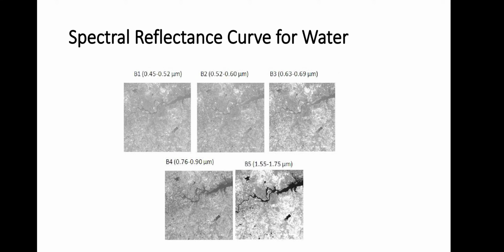Thus, the electromagnetic radiation gets reflected, transmitted or absorbed in water. The spectral responses vary with the wavelength of the radiation and the physical and chemical characteristics of the water. Spectral reflectance of water varies with its physical condition.